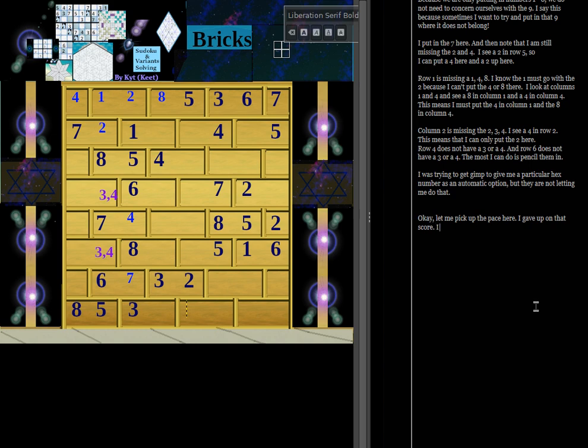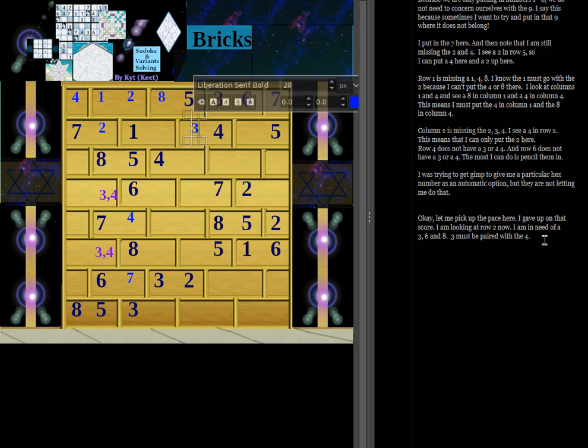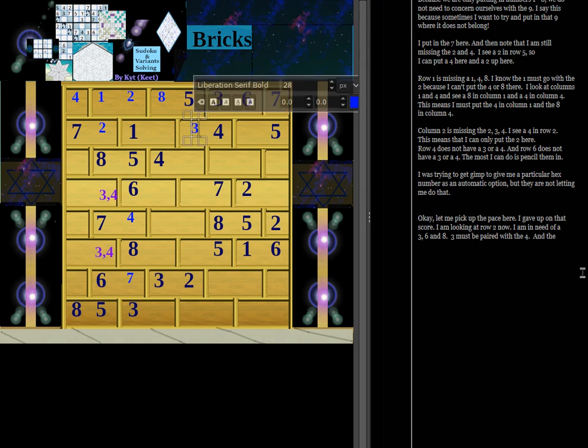Okay, I'm looking at row 2 now. I am in need of a 3, 6, and 8. 3 must be paired with the 4, and the 6 and 8 are not in columns 4 or 7.